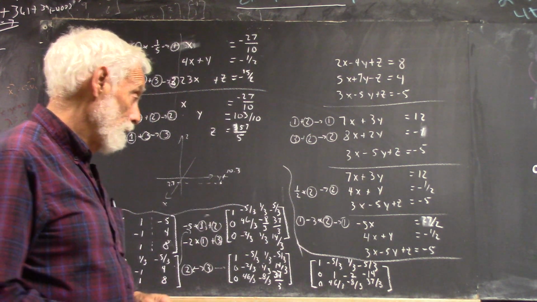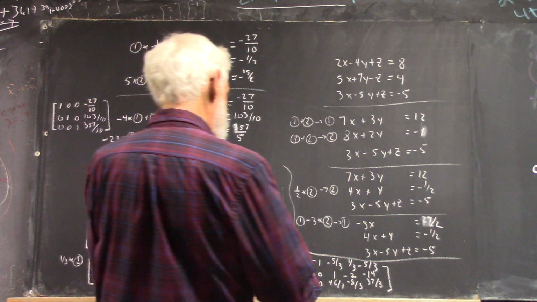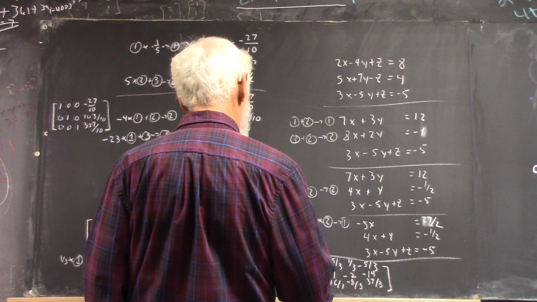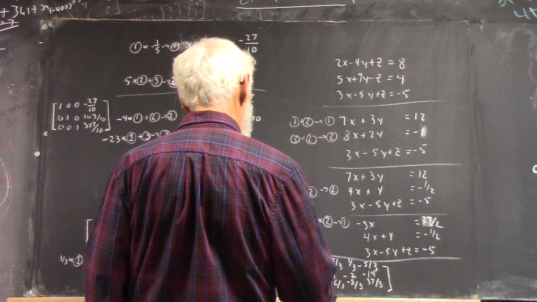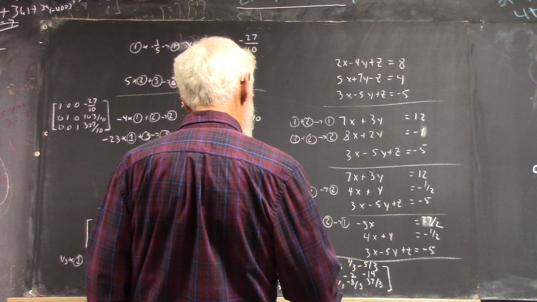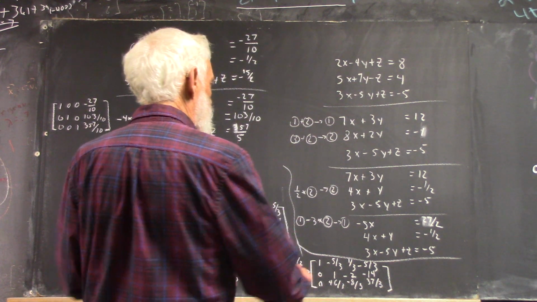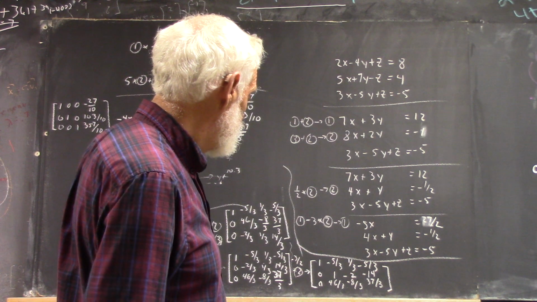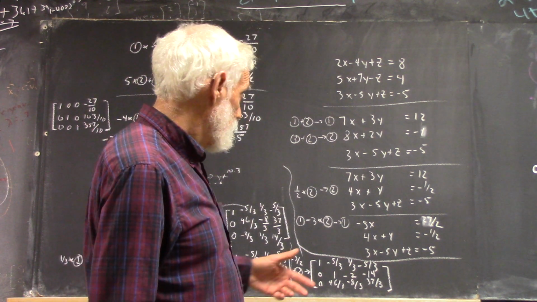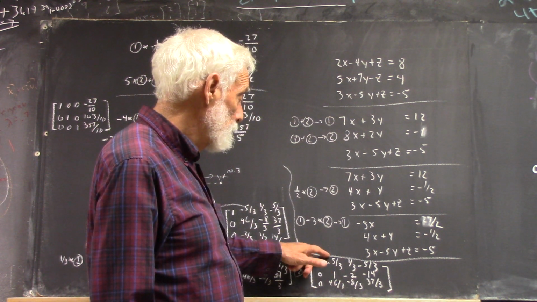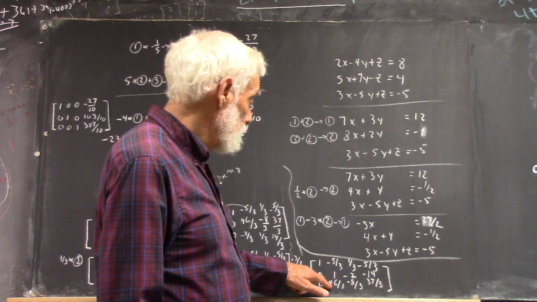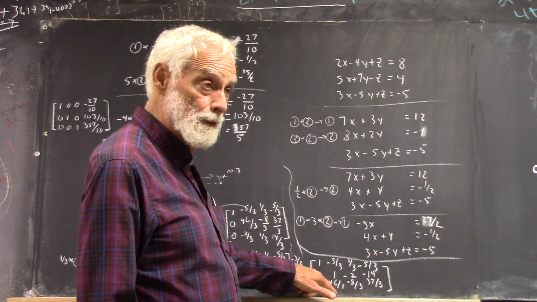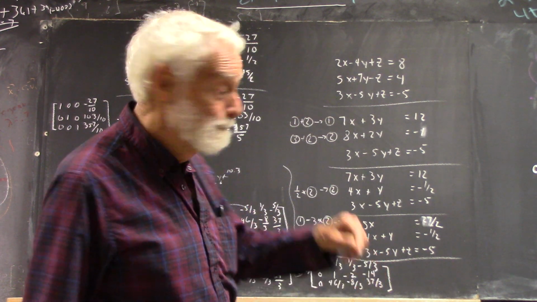And I'm just going to have the numerator. So this is negative 3/2 times row 2. Then I'll add 5/3 of this row to this one. Negative 46/3 times this row to this one. And I'll have zeros here and here. Okay?